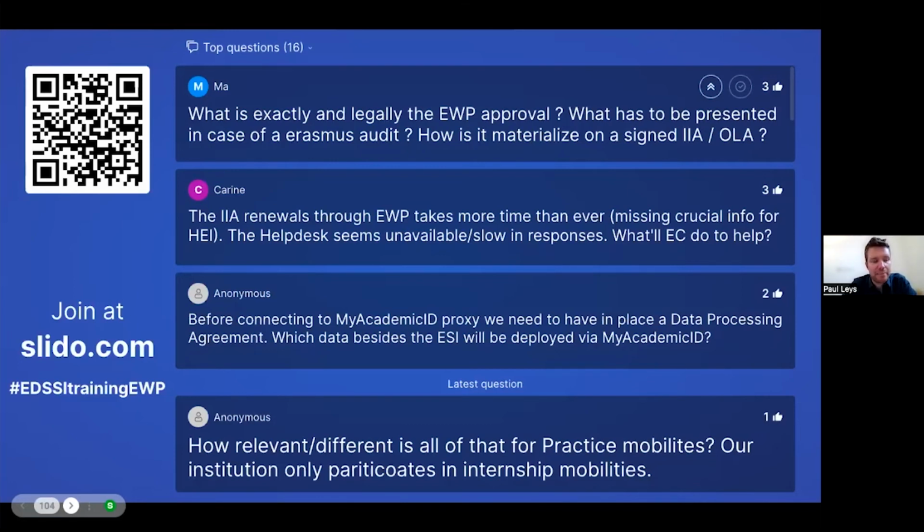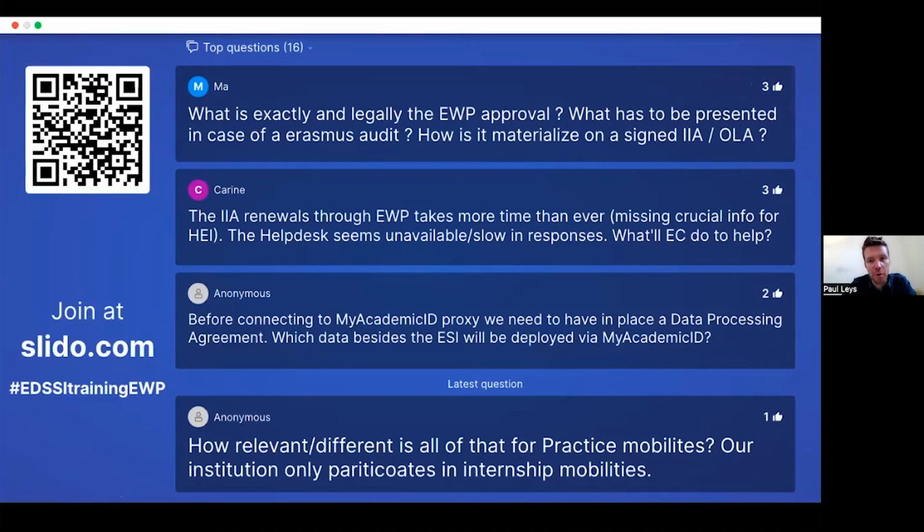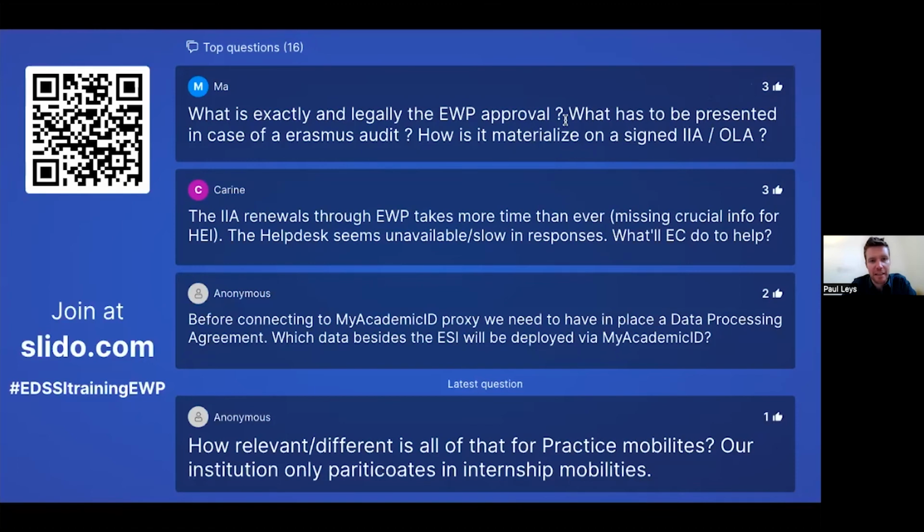And we see that many colleagues, for example, using dashboards, request a functionality to export the agreement in a PDF. It's functionality that's not present currently in the EWP dashboard, but it's one of the things that are in the pipeline. Many things are in the pipeline, but it's a matter of prioritizing, of course.